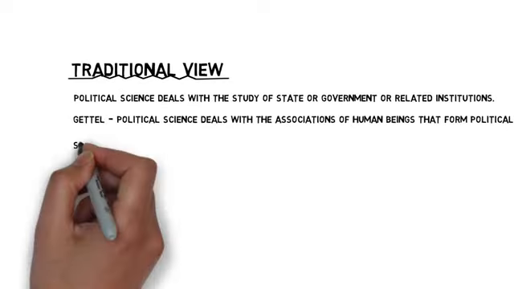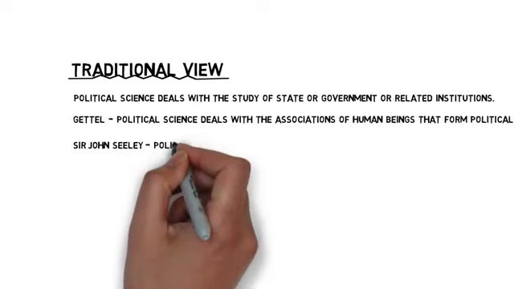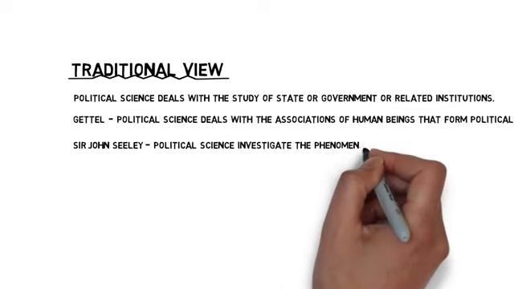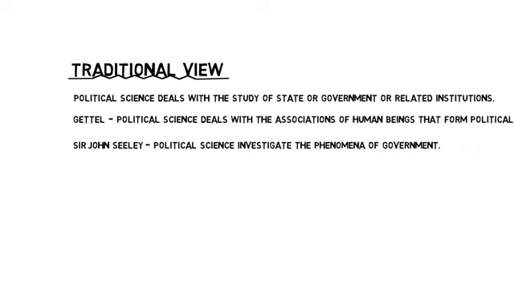Moving on, according to Sir John Seeley, political science investigates the phenomena of government. Very important, and further he says that the way political economy deals with wealth, biology deals with life, and algebra deals with the principle, similarly political science deals with the phenomena of government.